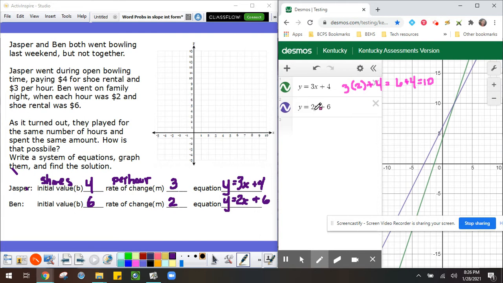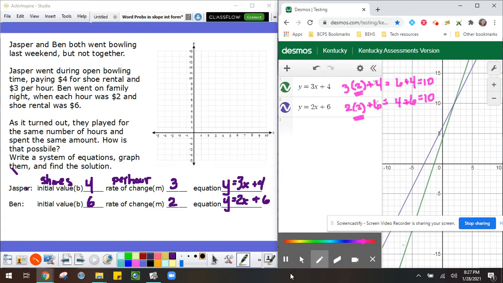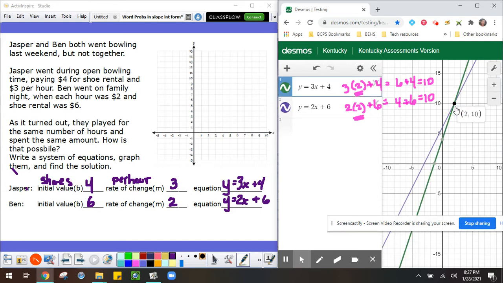I can also put 2 in for x for this one. 2 times 2 plus 6, which is 4 plus 6, which is 10. So when they both bowl 2 hours, they both cost $10. That's what this is when I see where the two lines cross right here at (2, 10). It's telling me after 2 hours, they both pay $10.